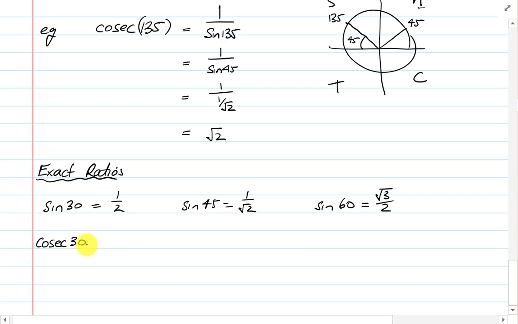Cosec of 30 is equal to 2, cosec of 45 is equal to root 2, and cosec of 60 is equal to 2 over root 3. Because they're the reciprocals.